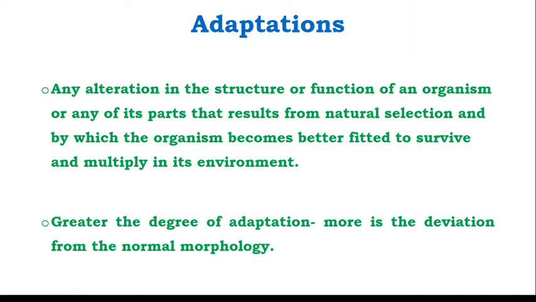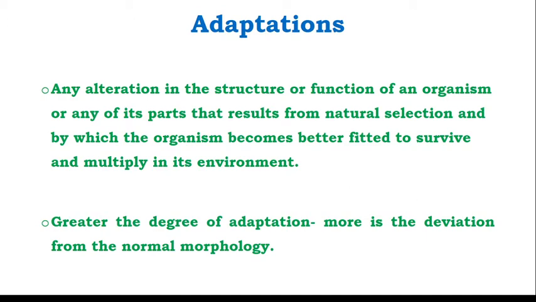Any alteration in the structure or function of an organism, it may be morphological or anatomical, or any of its parts, that results from natural selection, and by which the organism becomes better fitted to survive in the environment and also multiplies in its environment.